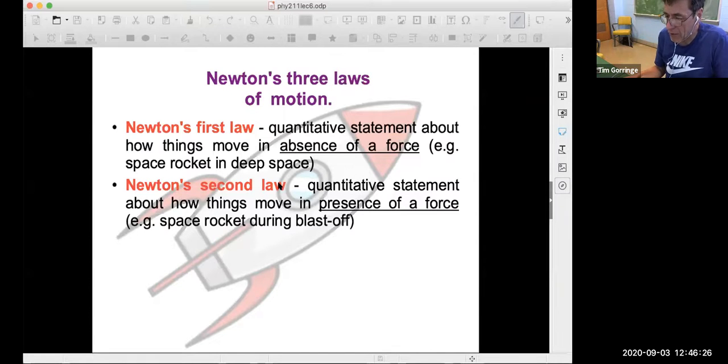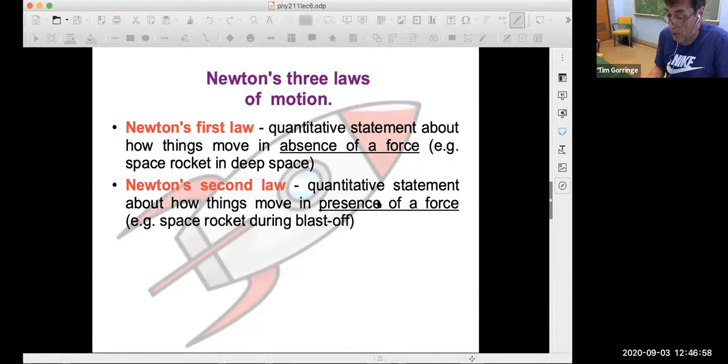The second law then picks up the story and makes a quantitative statement about how things move in the presence of a force. That is, how a force will influence or change the motion of an object. And that's the second law. An example might be, when I went into deep space in my space rocket, I had to leave Earth to get there.